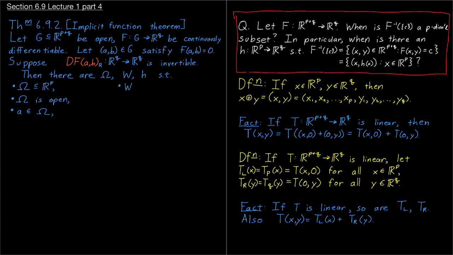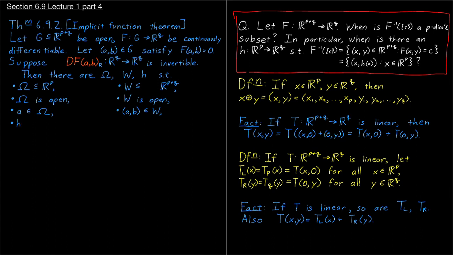And W is a subset of R^(p+q) that is open. That is open as subsets of R^p and R^(p+q). If you put R^p inside R^(p+q), then nothing's open. And we also say that (a, b) has to be a point in W.